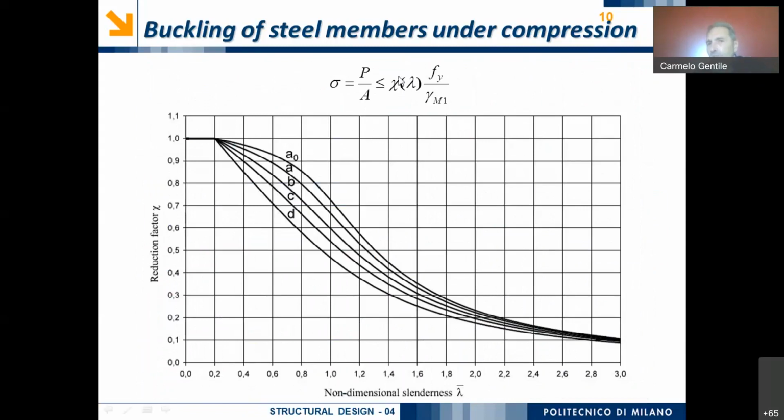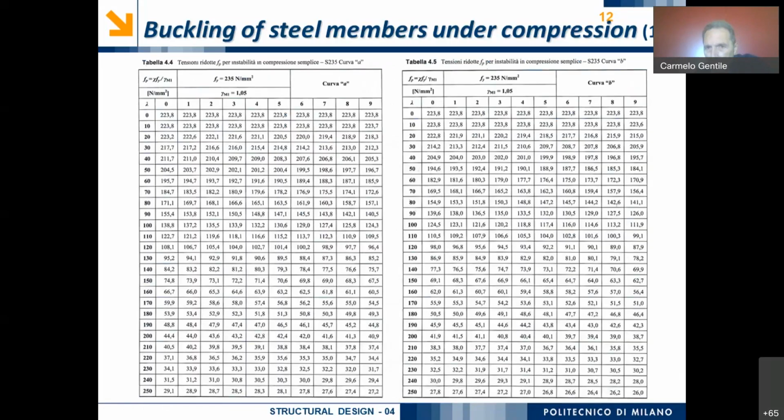If you look at this, you can easily evaluate that the value of chi is basically the ratio between the critical load and the value of f epsilon. Conversely, if omega is the opposite of chi, omega will be f epsilon over the value of the critical load.